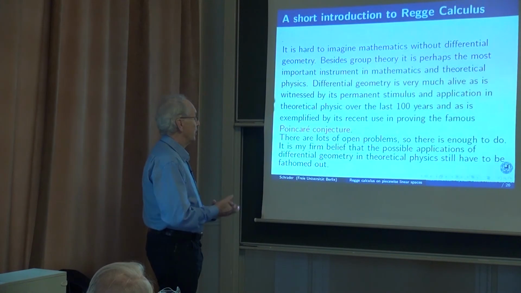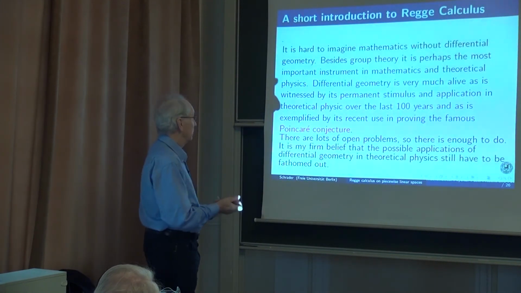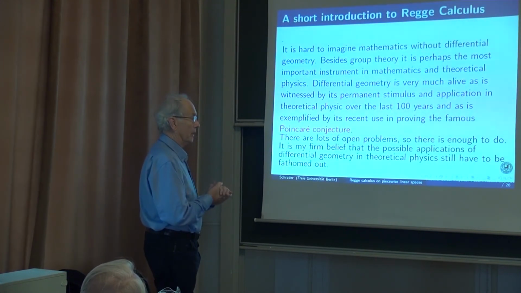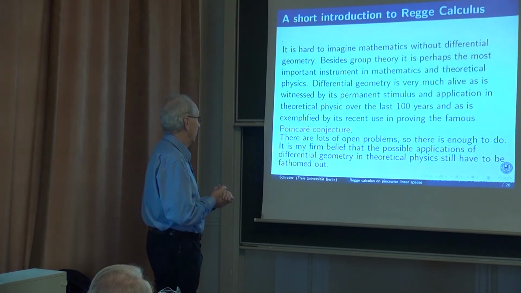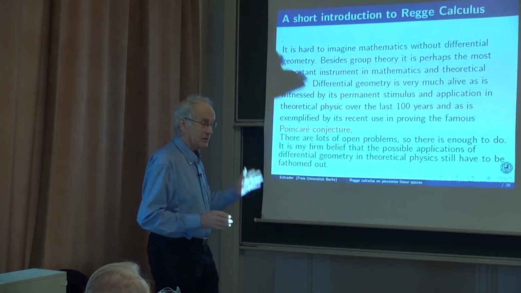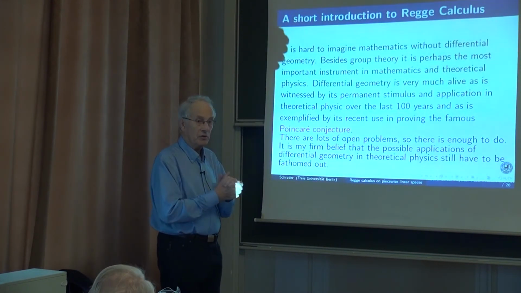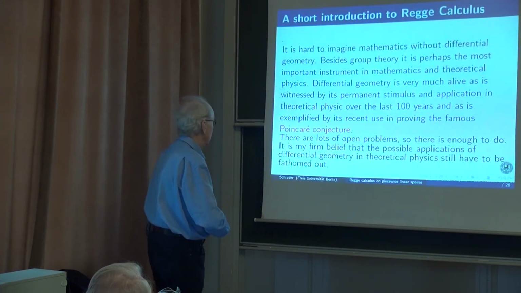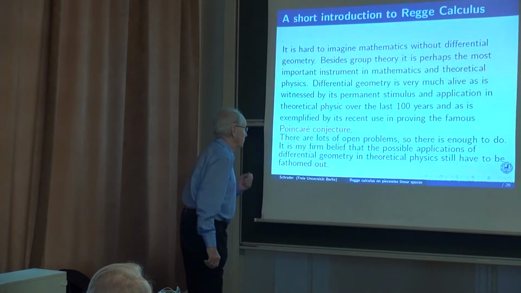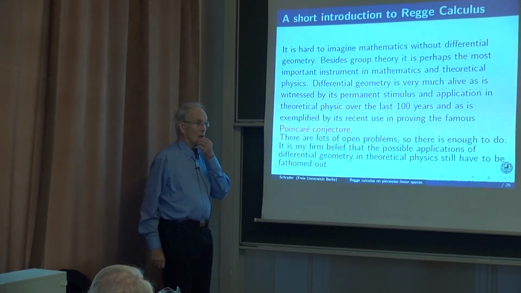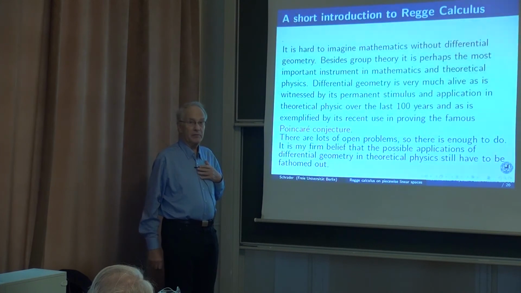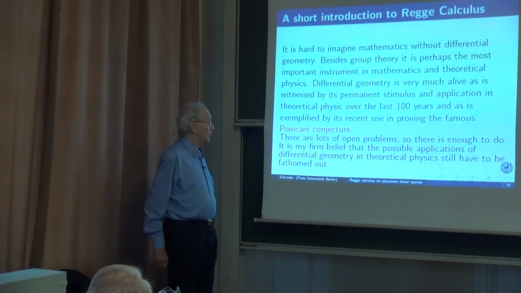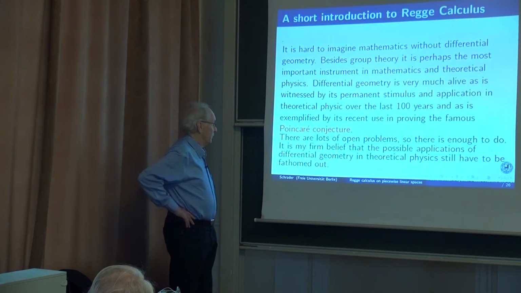Differential geometry is very much alive, as you know, and it has had enormous applications in theoretical physics up till now, and also in mathematics. The proof of the Poincare conjecture couldn't have been done without differential geometry, as you know much better than I. And there are enough open problems, so there's enough to do.